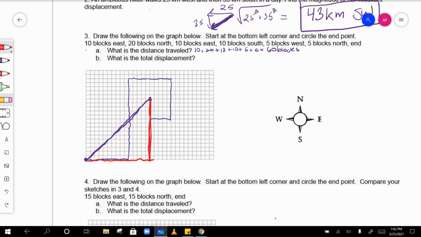Okay, count those blocks. 15, I believe. So we have 15 east total. And we went 15 north.